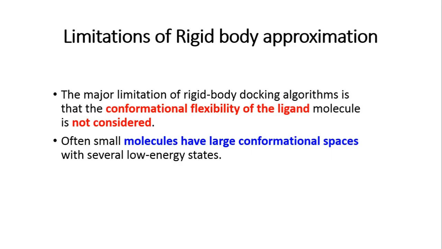So for example, often a small molecule will have a very large conformational space, with some of the states being very low energy states that can form a stable complex with your protein molecule. So these things are not considered when you opt for rigid body approximation or rigid body docking as such.